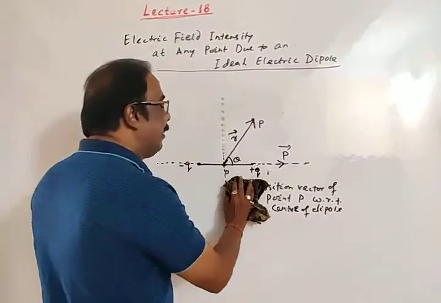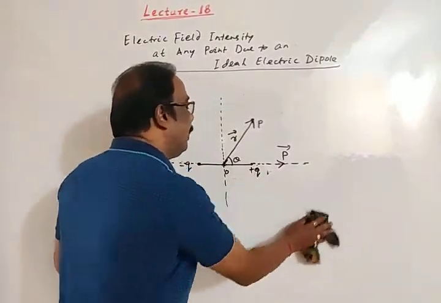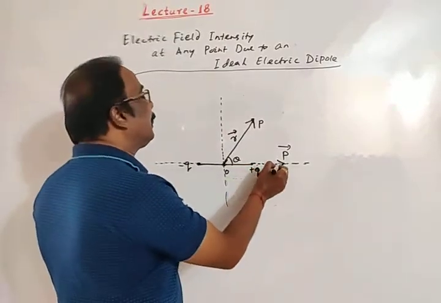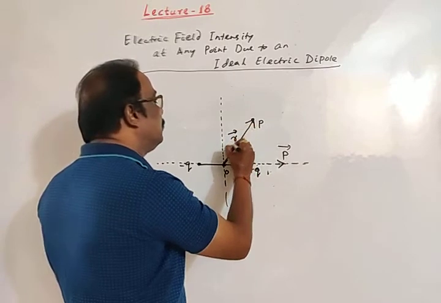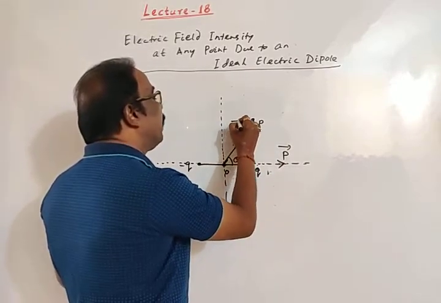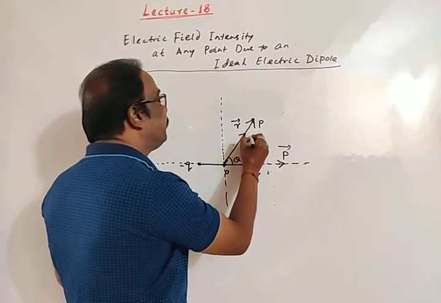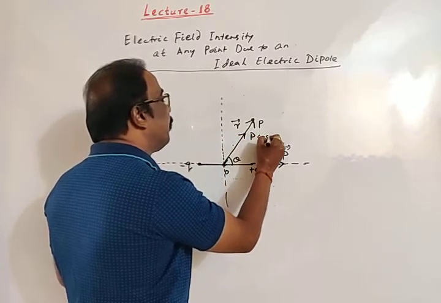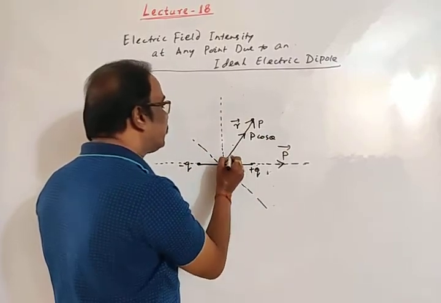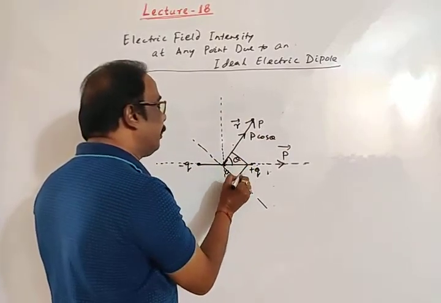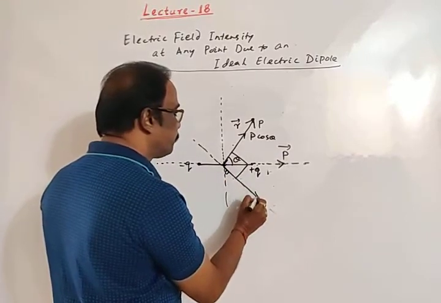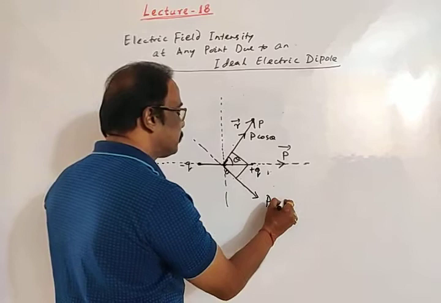I am erasing this line. If dipole moment is resolved, then component of dipole moment along this direction, this is position vector r, along this direction is P cos theta, and perpendicular to this direction, if this angle is 90 degree, is P sin theta.